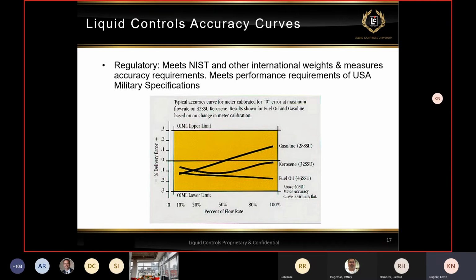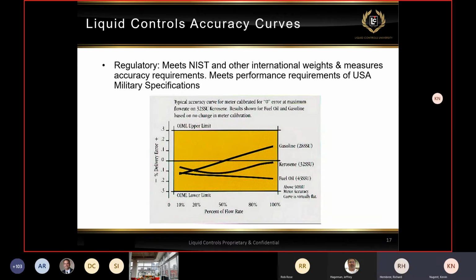And that's that middle accuracy that you see inside that orange square. It shows the typical Liquid Controls accuracy curve. It was calibrated at 100%, or in this case, the M7 meter was calibrated at 0 deviation at max flow, 100 gallons a minute.